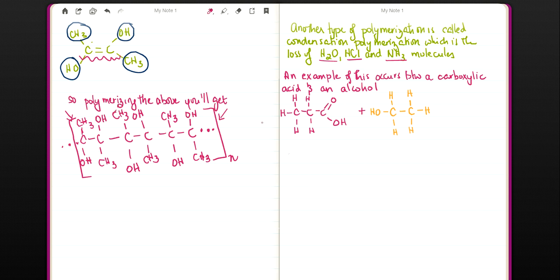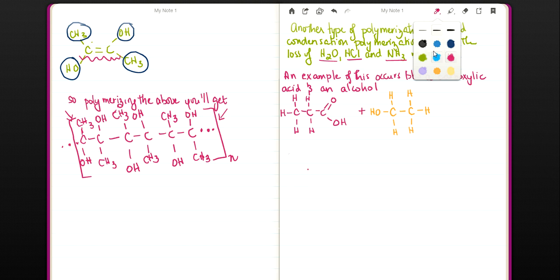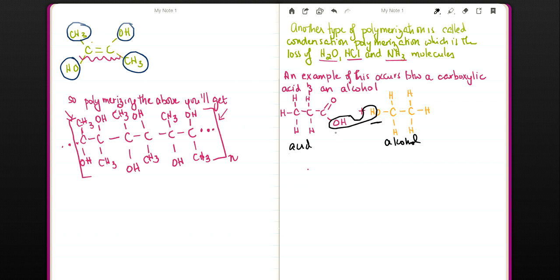So here, you have this reacting with this, and all of this would go, and only the oxygen from the alcohol group would be left. So this is your alcohol because you have your hydroxyl group here, and this is your carboxylic acid, because you have your carboxyl group here. And what you would basically find would be this.